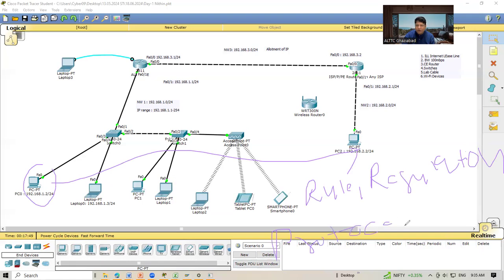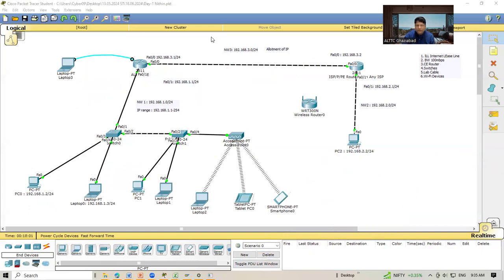What type of protocol? This is known as a routing protocol. And how many types of routing protocols are there? A lot of routing protocols.